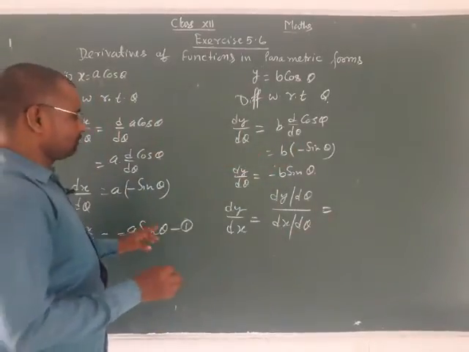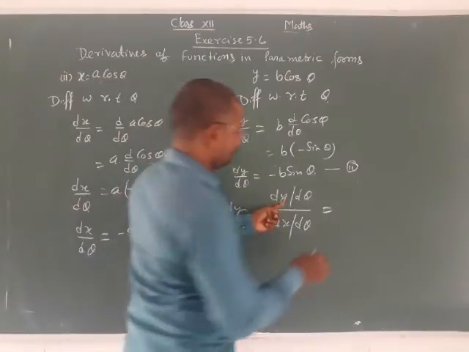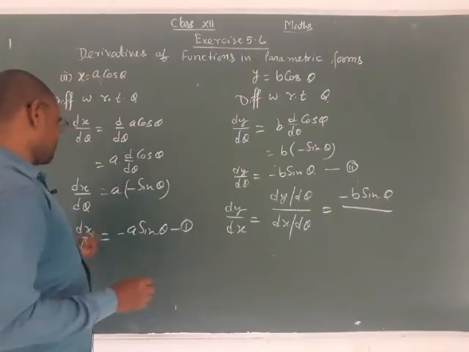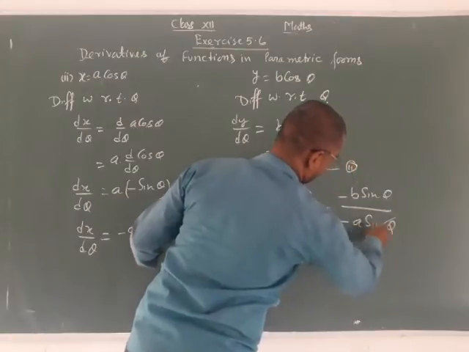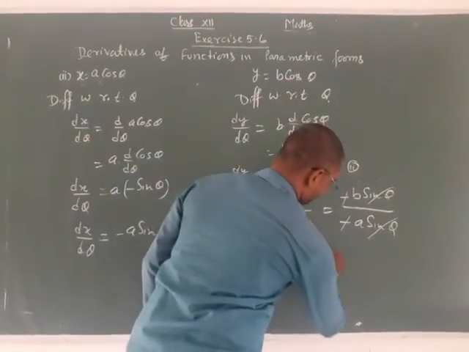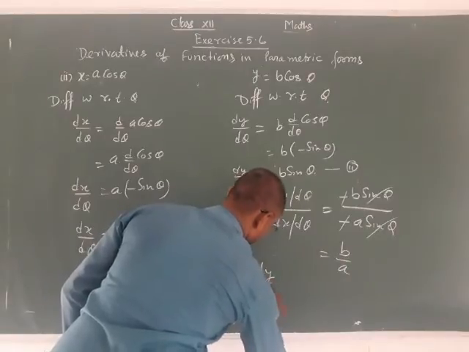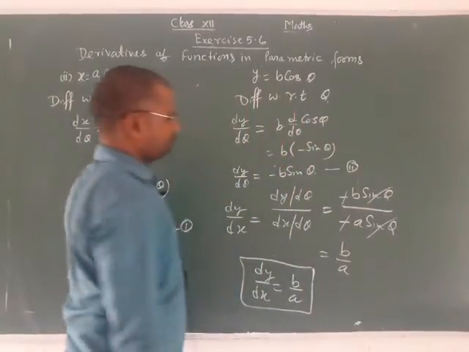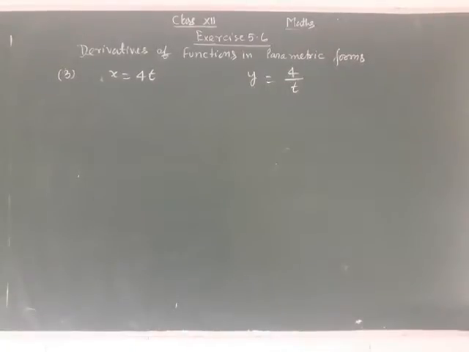Putting these values, minus b sin theta upon minus a sin theta. So sin cancels out and minus cancels out. So dy upon dx is equal to b upon a. This is the solution of the given question.